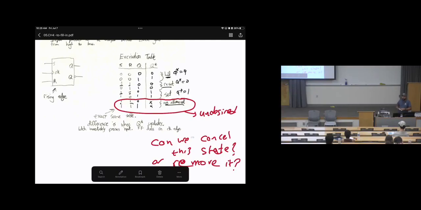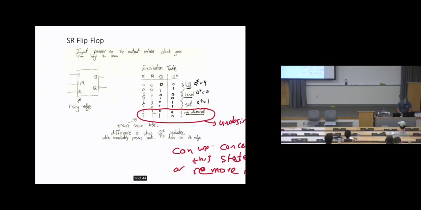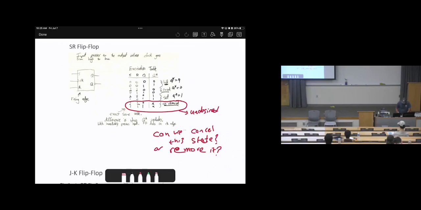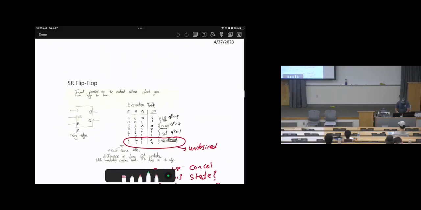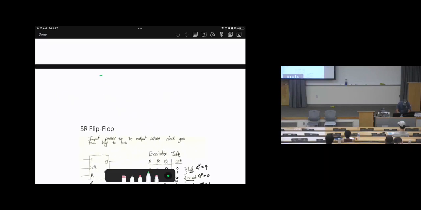There is a new modification that can be done on the SR latch by modifying this state. Because in the SR latch or SR flip-flops, there is Q equal to Q star.